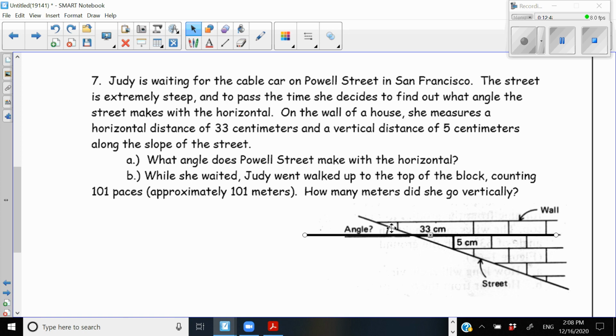Why? Because if I find this angle is equal to this angle over here, we have learned in geometry that if we have two lines crossing each other at one point, then the two opposite angles are equal to each other. So whatever angle is made here is equal to the angle that is made here.